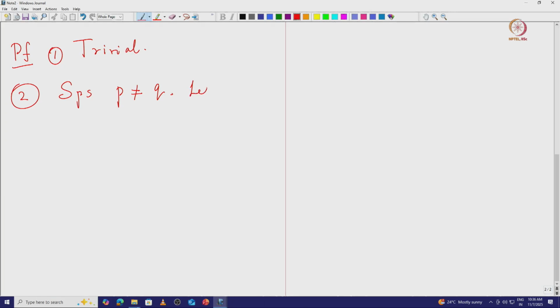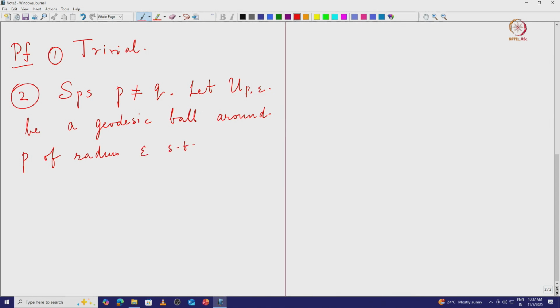So, to that effect, let U P epsilon be a geodesic ball around P of radius epsilon such that Q does not belong to U P epsilon. One can always do that because our manifold is in particular Hausdorff.